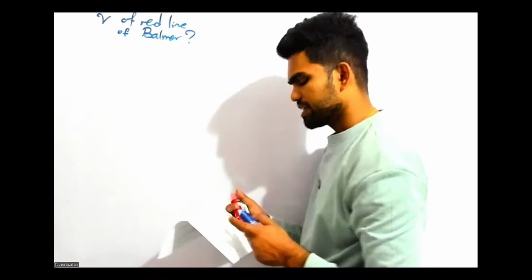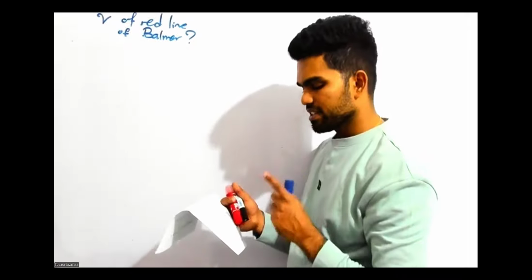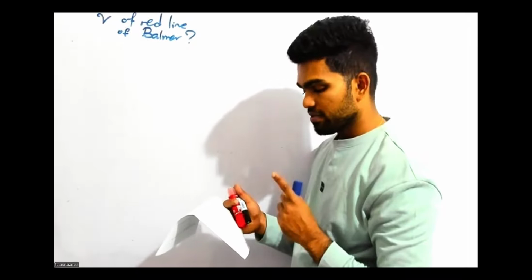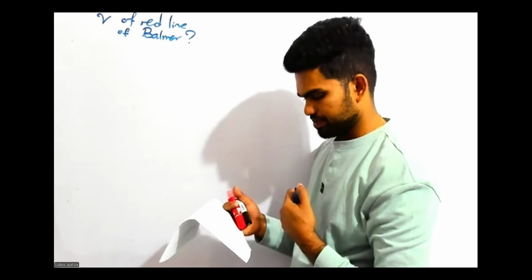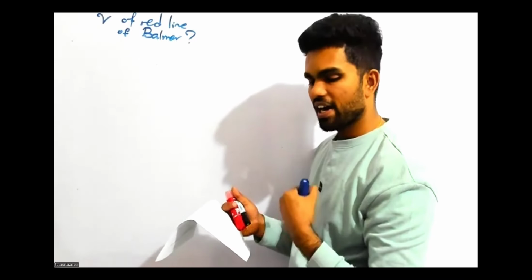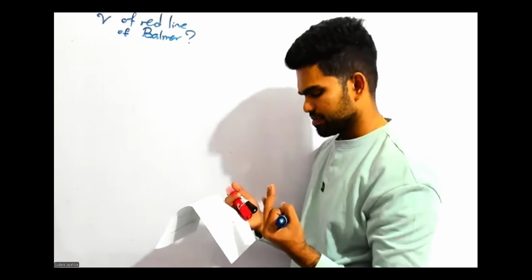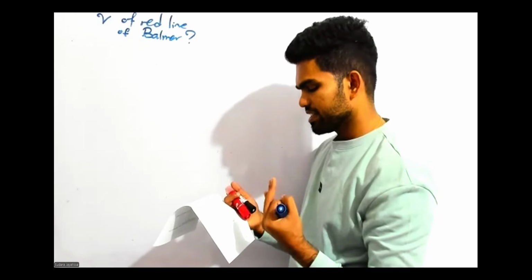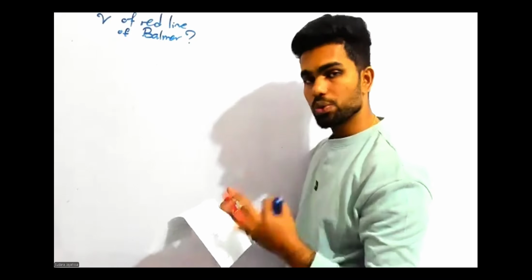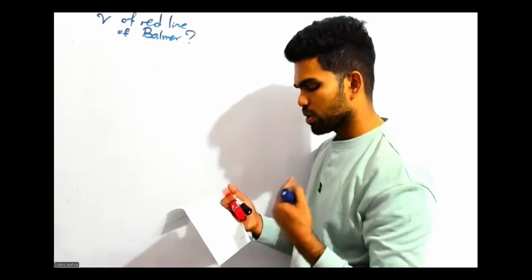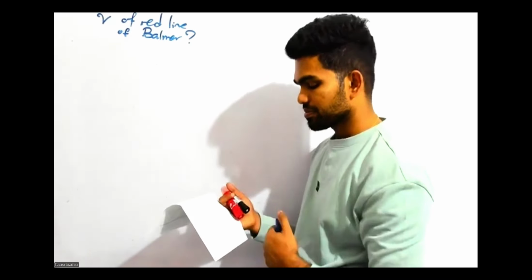You can see the first energy level energy is negative 2.18 into 10 to the power minus 21. That means it's a higher negative value. Then look at the second energy level energy, 5.45 into 10 to the power minus 22. It is a lower negative value than the first energy level.